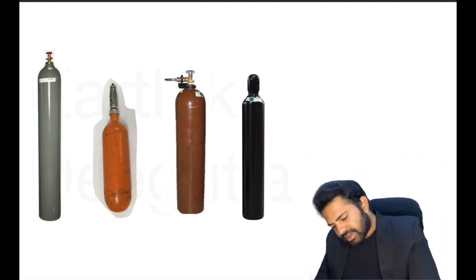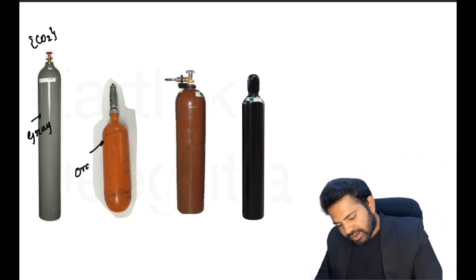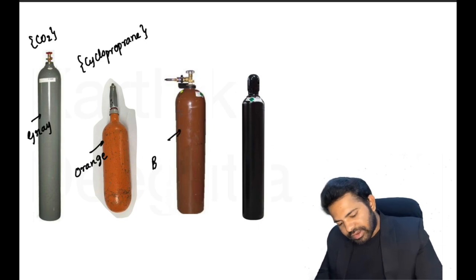You can see a completely grey cylinder. This is a carbon dioxide cylinder. Then here you can see an orange cylinder. The gas is cyclopropane. Alright. Then here you can see a brown cylinder.